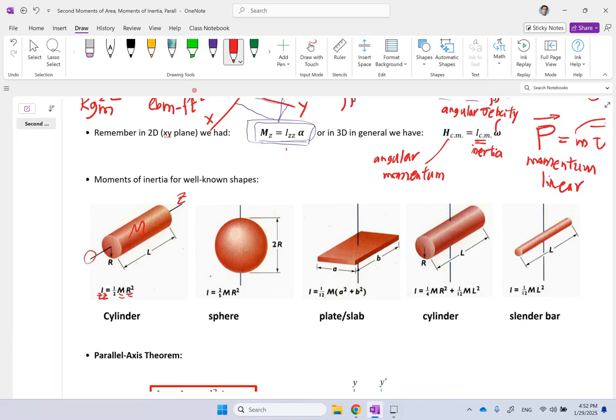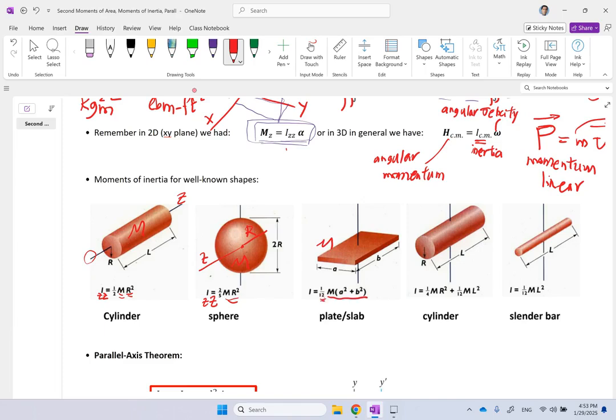For a sphere with radius r and mass m, IZZ about this axis is 2/5 mr squared. For a plate with mass m and width and depth of a and b, it's m times a squared plus b squared over 12.